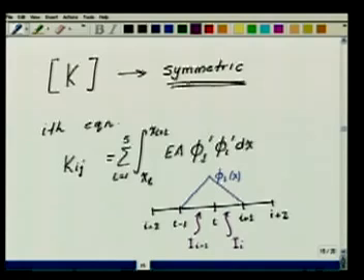Fine. So what does it tell me? Out of this summation over all the L's, for some of these elements the contribution to this integral is going to be 0.